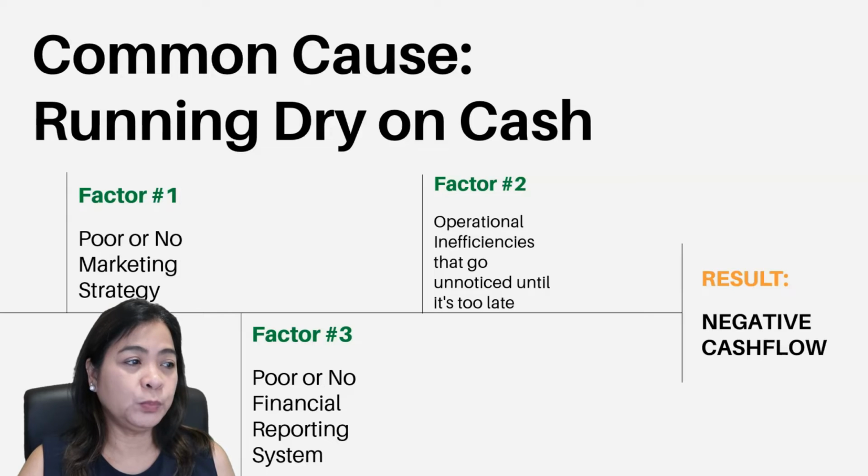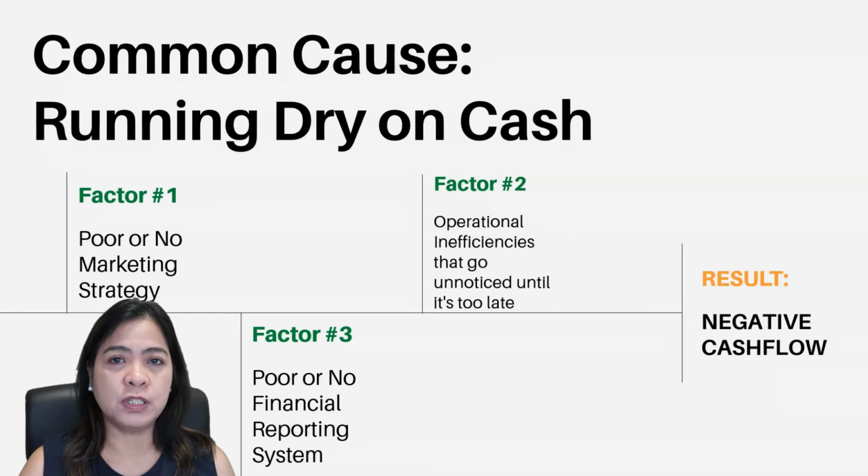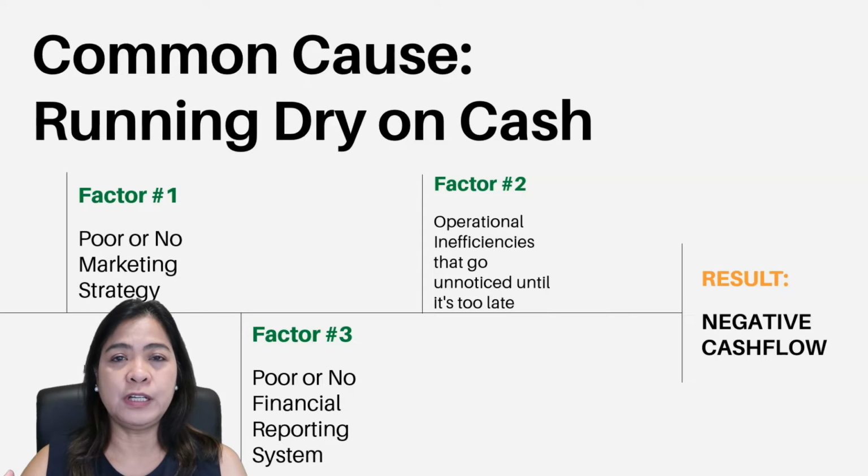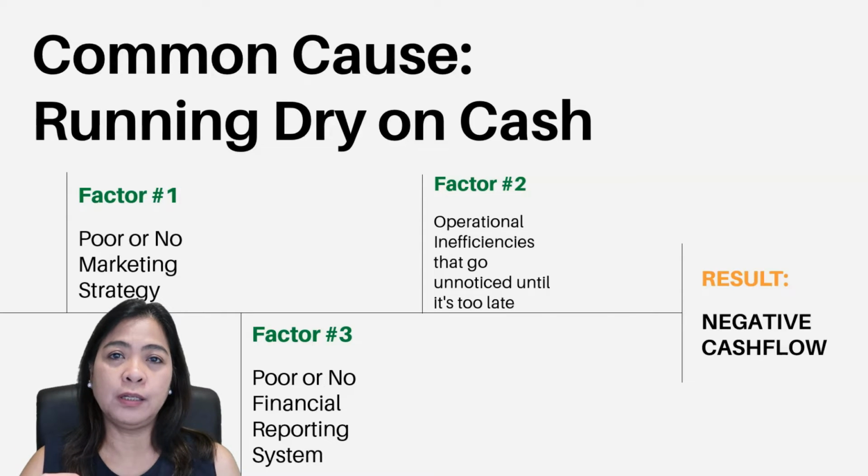The first one is poor or no marketing strategy. In your business, you need to have business objectives, and those business objectives are translated into financial objectives. Based on those financial objectives, you come up with a marketing strategy on how you can meet them.